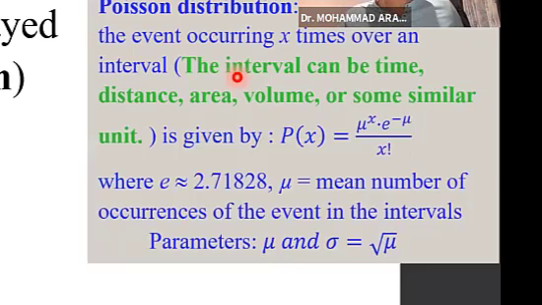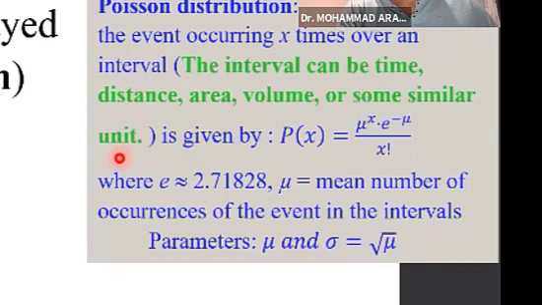Poisson distribution is the probability of the event occurring x times over an interval. The interval can be time, distance, area, volume, or some similar unit, and is given by the formula P of x equals mu to the power of x, e to the power of minus mu, over x factorial, where e is 2.71828, and it continues indefinitely.